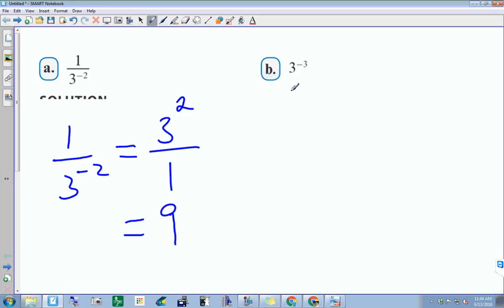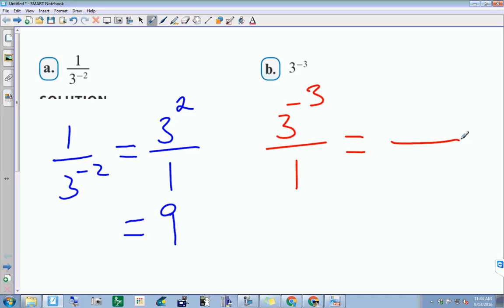Now if I take a look at B here, I've got 3 to the negative 3. Is this in the form of a fraction? The answer is no. Can I make anything into a fraction? Yes, I just put it over 1. So if I put this over 1, this kind of helps us see what's going on.